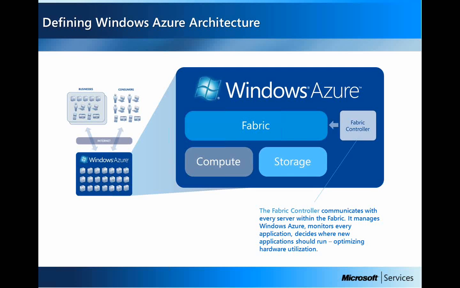This is a very intelligent decision. This is the role of Fabric controller. It decides where a new application should run, and it also selects physical servers to optimize hardware utilization. Now Fabric controller depends on your configuration file.